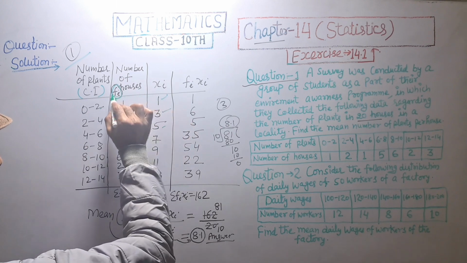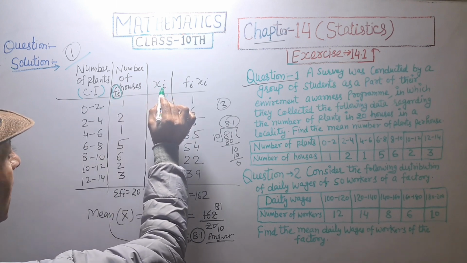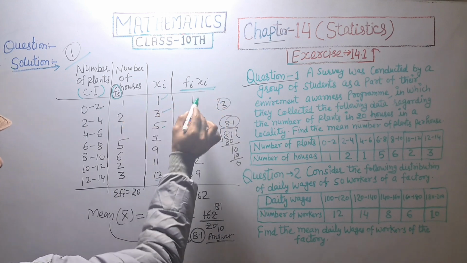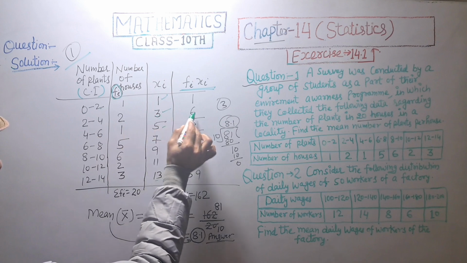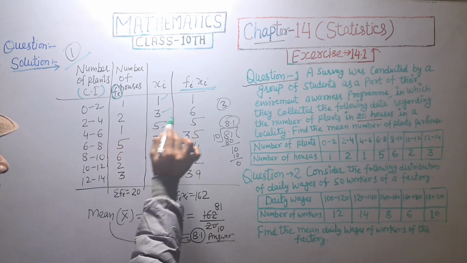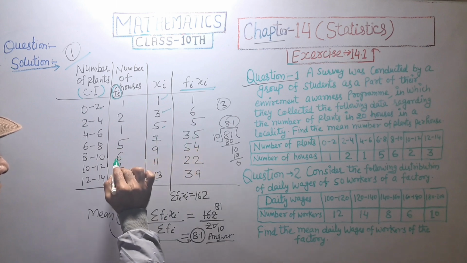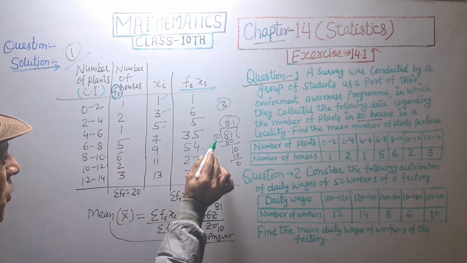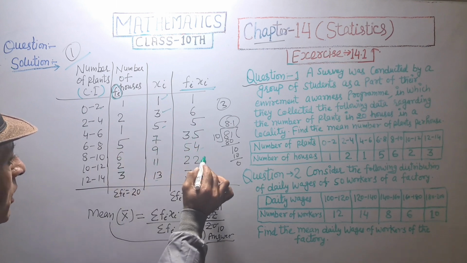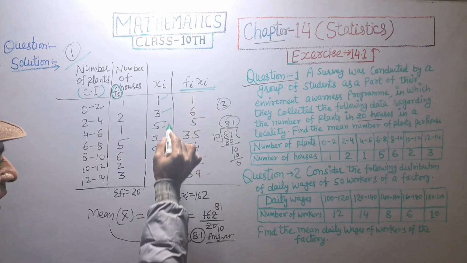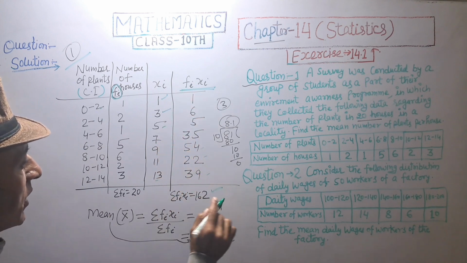And we multiply Fi and Xi. Fi into Xi: 1 1 is 1, 2 3s are 6, 1 5 is 5, 5 7s are 35, 6 9s are 54, 2 11s are 22, and 3 13s are 39. And sum of Fi Xi is equal to 162.